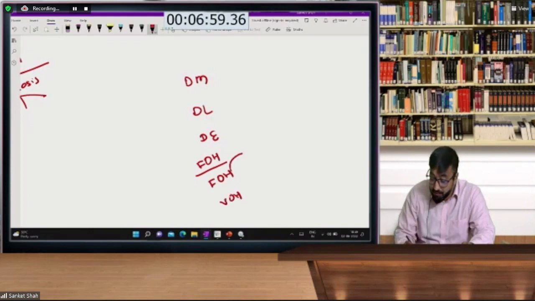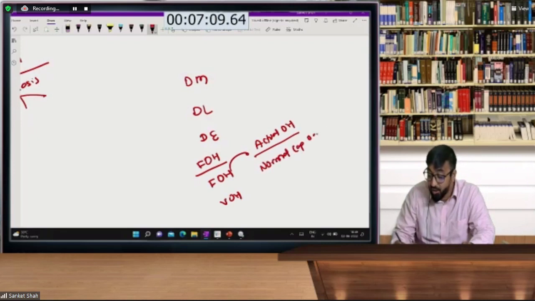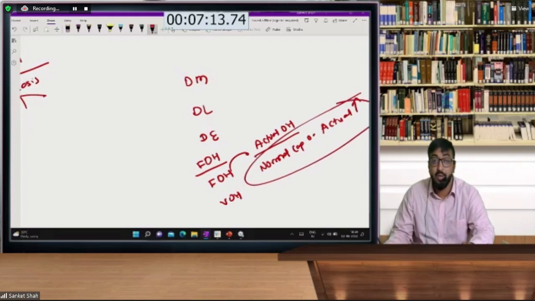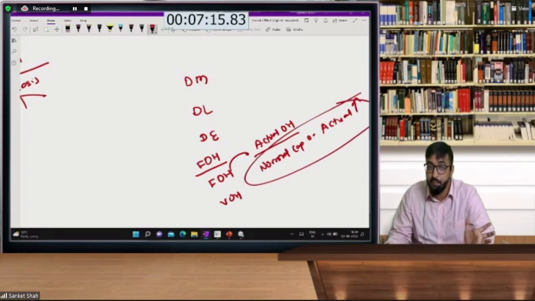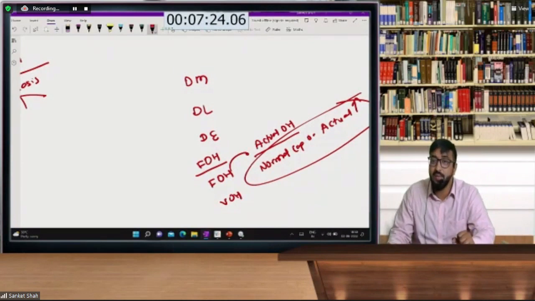Now this fixed overhead, how to calculate per unit? Per unit you will calculate by taking actual overhead divided by normal capacity or actual capacity, whichever is higher. So this is Sanket sir's principle. In the study material it is not given. This is a standard principle, and reasons are given by the institute.